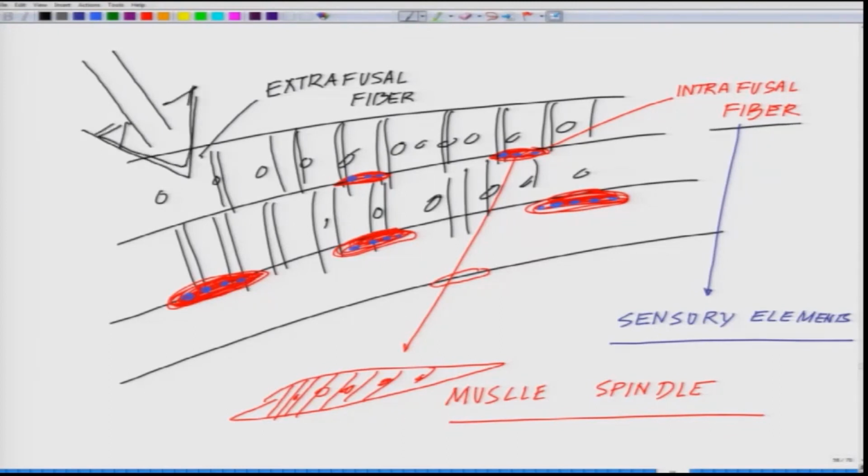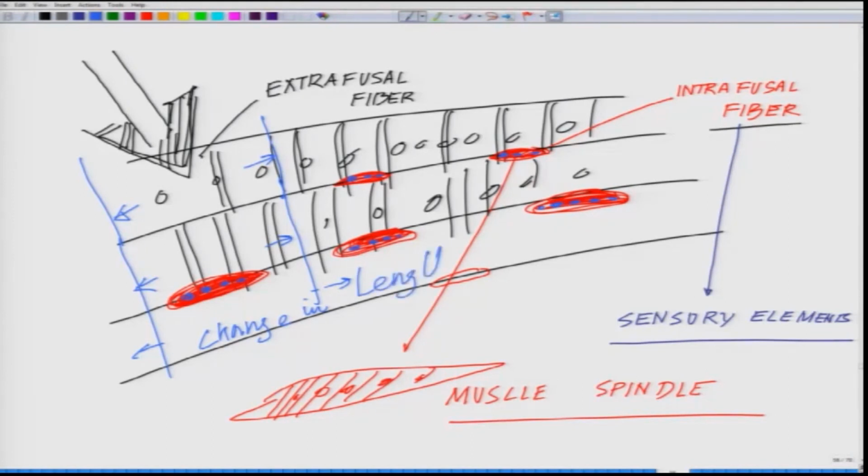Now, whenever there is an impact falling on this muscle, let's start with it. This arrow is showing the impact. When the impact is falling, what is happening here? The length of this whole part is changing. This change in length is sensed by this element which is present there.